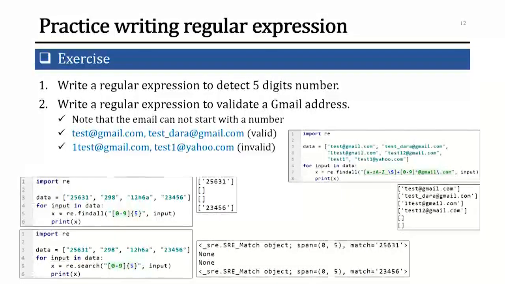But in our case, this is the pattern that we want it to match, which is .com. So you need to use the \ symbol here. The output of this matching is given from this example, as you can see.